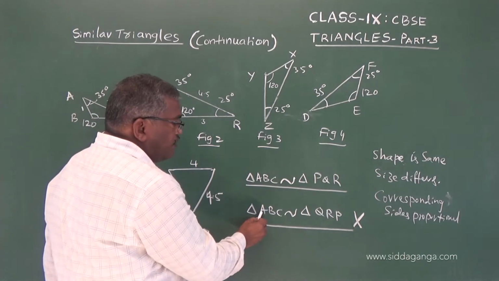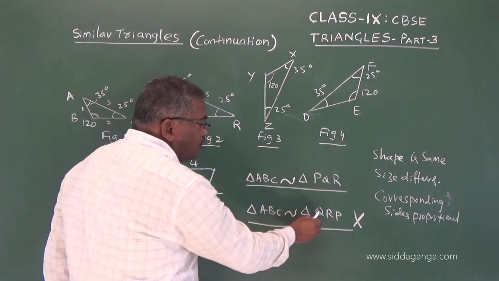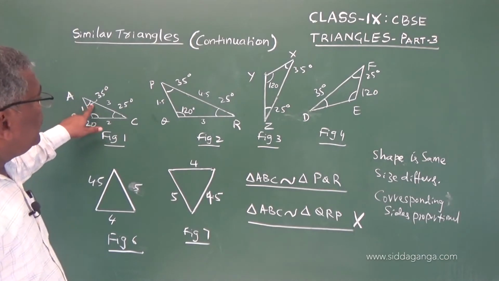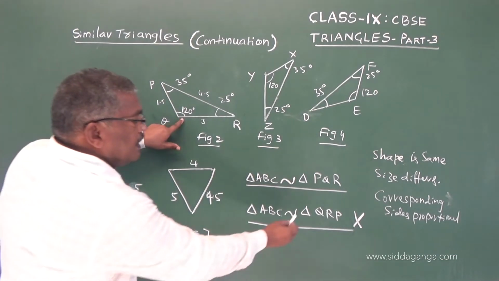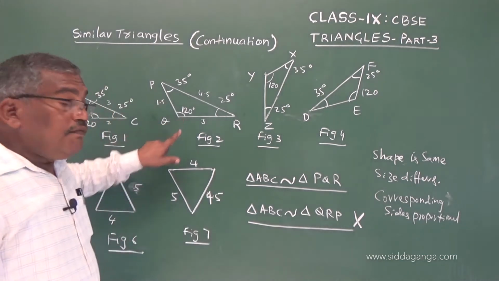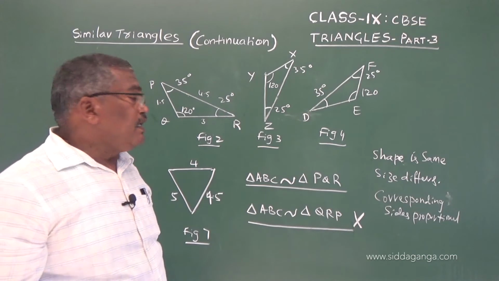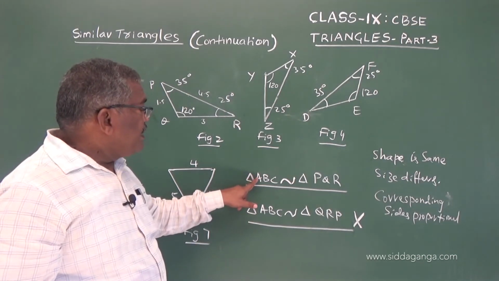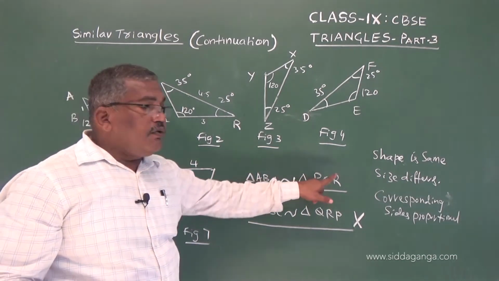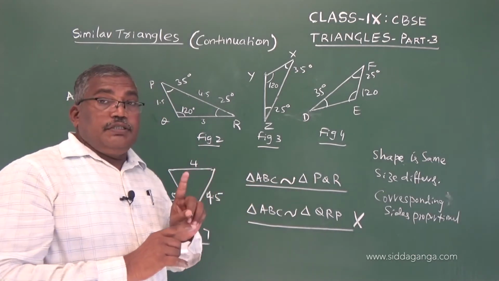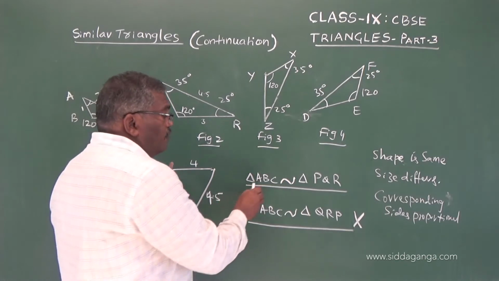Angle A, the first letter, does not correspond to angle Q. You observe here, angle A is 35 degrees, angle Q is 120 degrees. So in representation of similar triangles, we have to write ABC, PQR, the corresponding vertices in the same order.